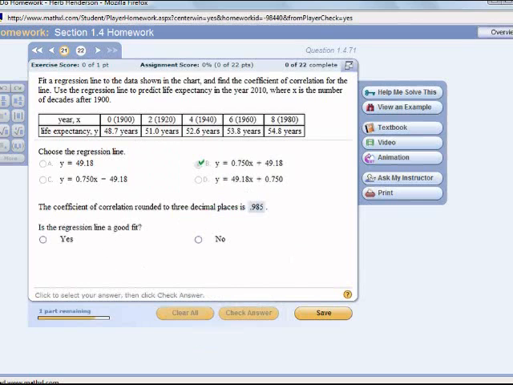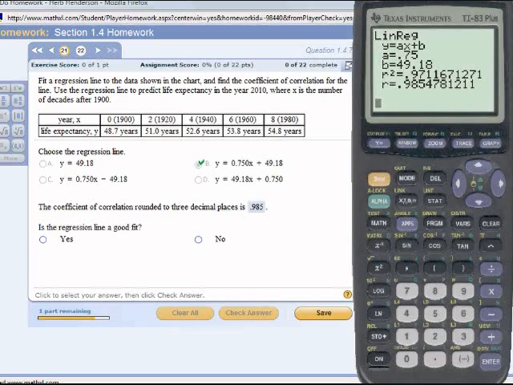Is this regression line a good fit? The closer you are, and really you don't look at r when this is a math lab thing. A better measurement is looking at r squared, and when I'm in the classroom, that's what I tell people. But the closer you are to 1, 0.971, that's pretty close to 1.